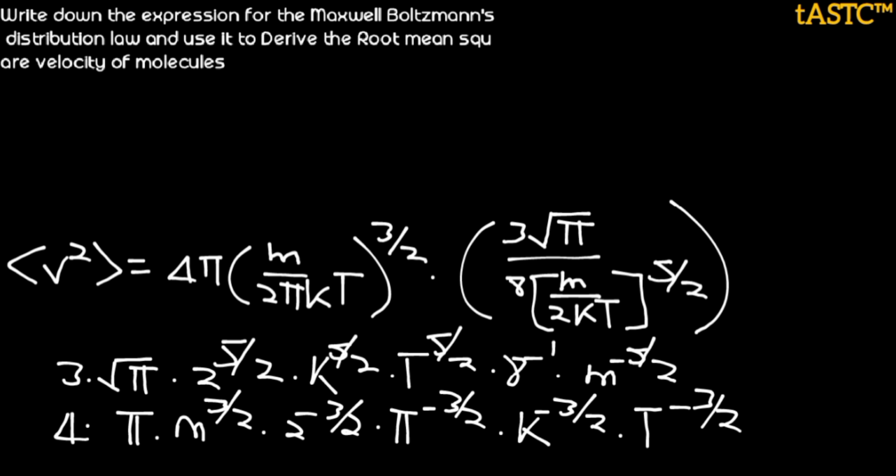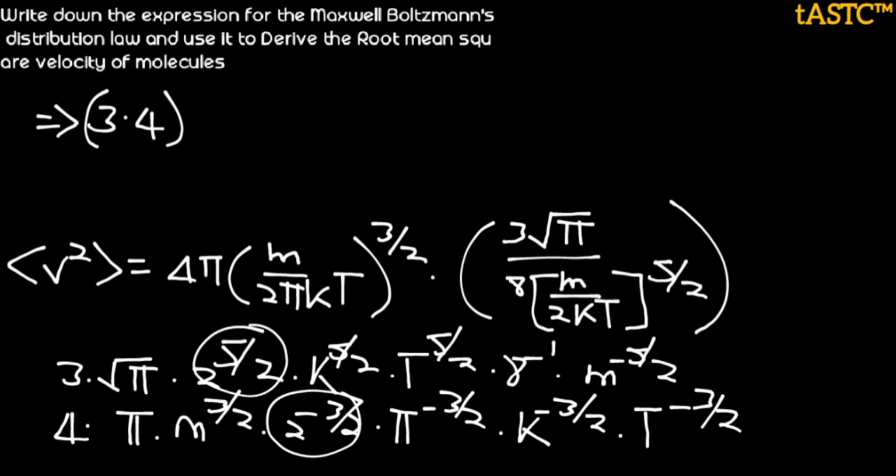Now notice this is actually going to be multiplied, so there is no subtraction. So first, let us start with the numbers. So this is going to be a 3, and this is multiplied by 4. This gives us a 12, and then we got 2 to the power of 5 halves. This is 2 to the power of negative 3 halves, and basically we also got an 8 to the negative 1. So I'm going to attach them.